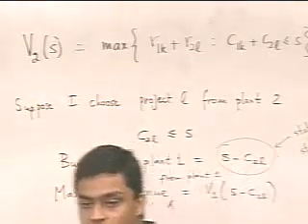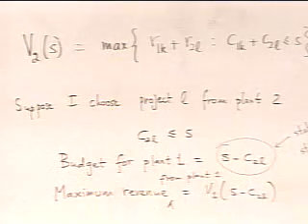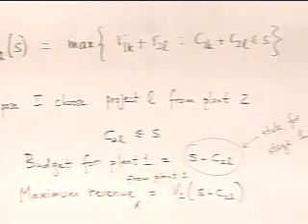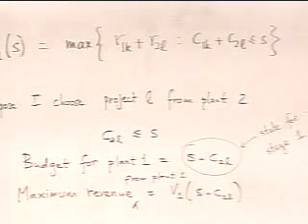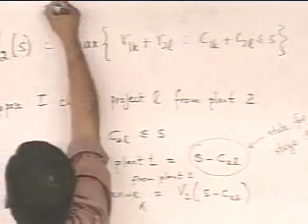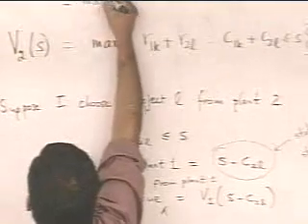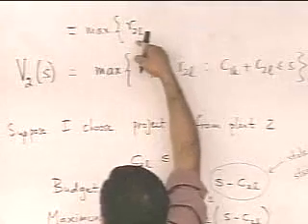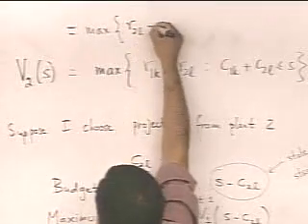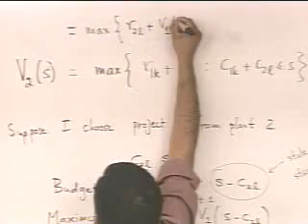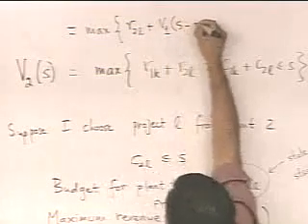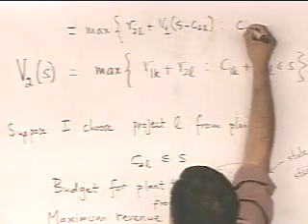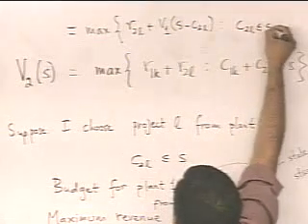Once I know the state for stage 1, I know what the best I can do, because I've already solved it for all possible states in that particular stage. And therefore, this expression can now be written as an alternative expression. Take the maximum of the revenue that you can get from the project in stage 2, meaning plant 2, plus the best you can do from the remaining money invested into plant 1, and take the maximum over all projects that are affordable.